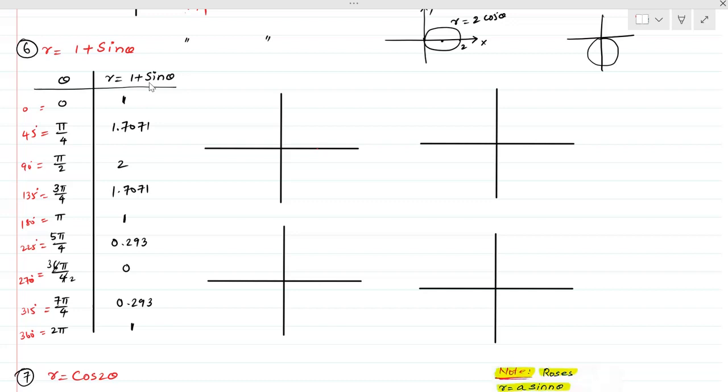Now we will draw the graph of this one. What is the graph of this? At x equal to 0, it is 1. Then it goes to 1.7, so it is more than 1. Next, pi over 2, 90. Then it goes to the next one, 1.7 again, and here 1.